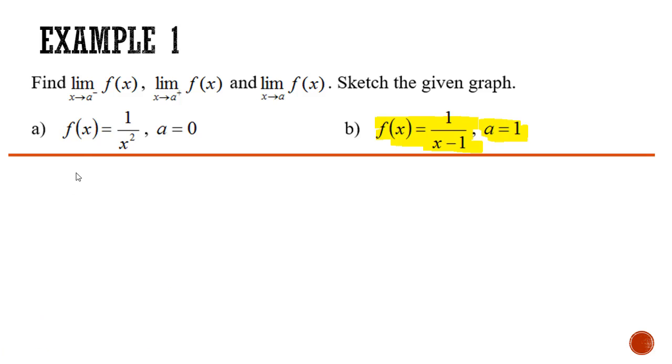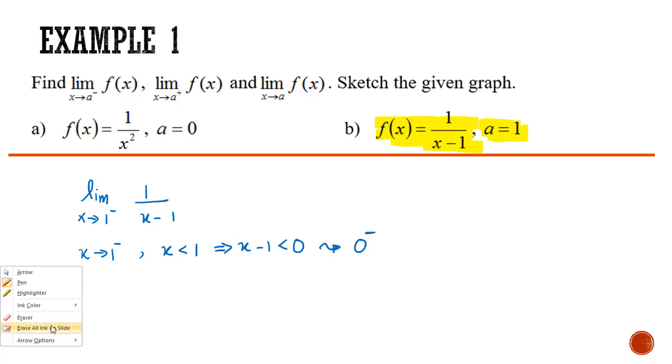Example B. The denominator is a linear function, x minus 1. It can be positive, it can be negative. Approaching 1 from the left is the interval less than 1. Therefore, x minus 1 is less than 0, denoted 0 minus. After we substitute the 0 minus, the overall ratio is negative.